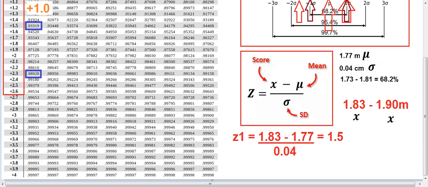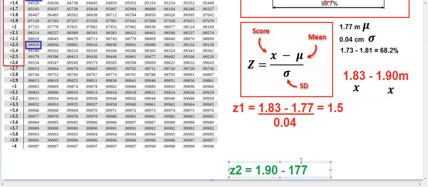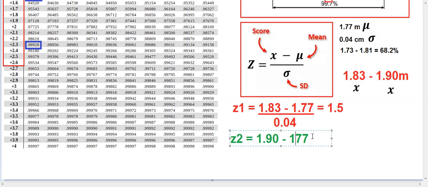Now let's go for z2. Z2 is going to be equal to 1.90 minus 1.77, divided by the standard deviation, which is 0.04.